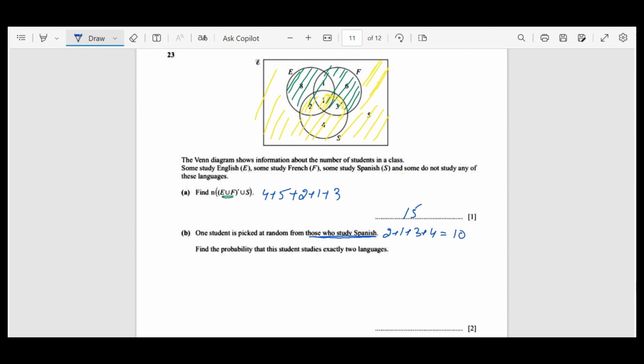Exactly two languages are studied by 2 plus 3, that is 5. So our probability will be 5 by 10, which is equal to 1 by 2. So our answer is 1 by 2.